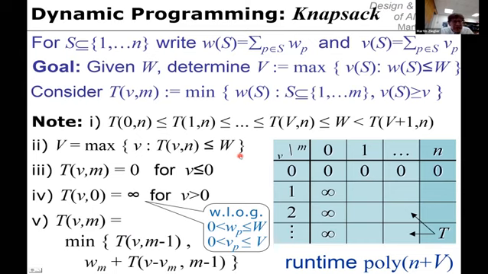And this is the foundation, the idea that we will apply to this dynamic programming strongly polynomial time algorithm for the exact knapsack problem in order to arrive at the polynomial time approximation scheme for the knapsack.